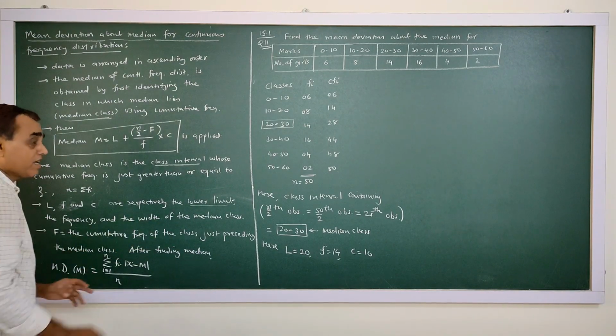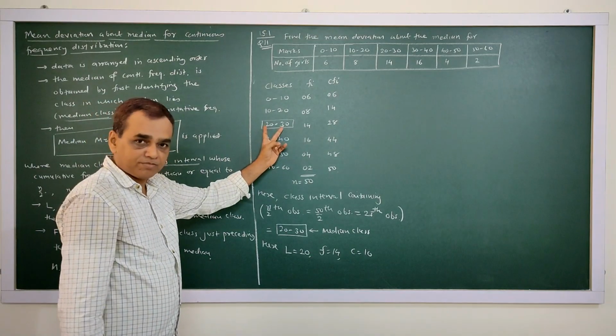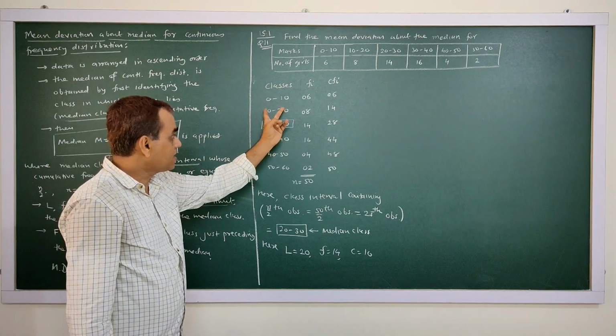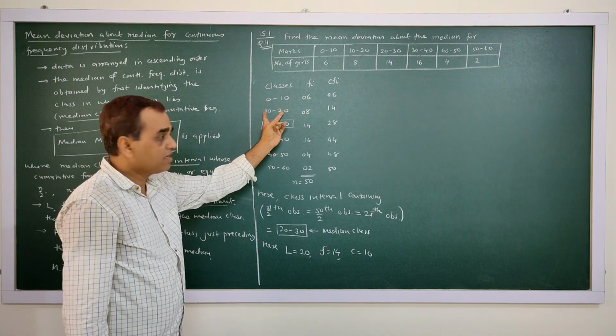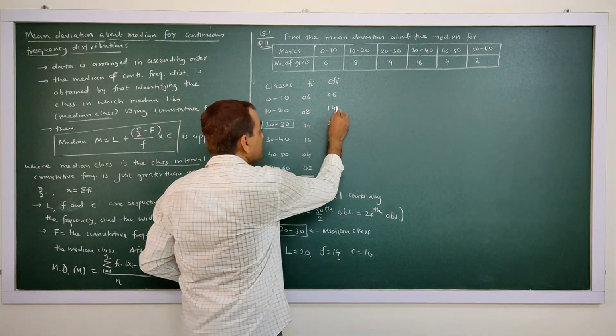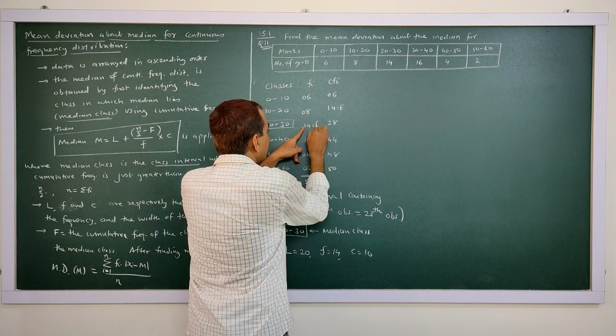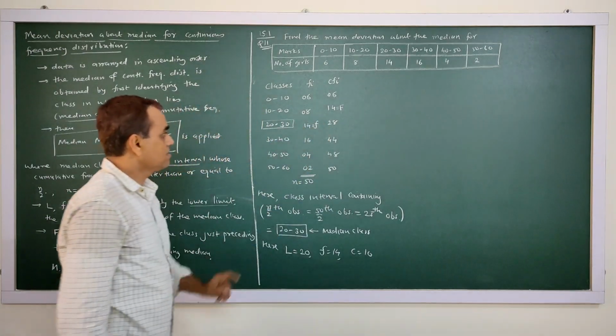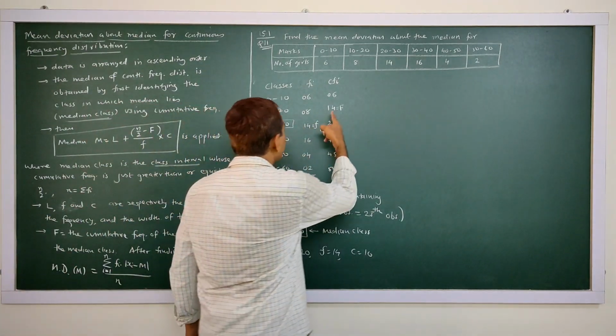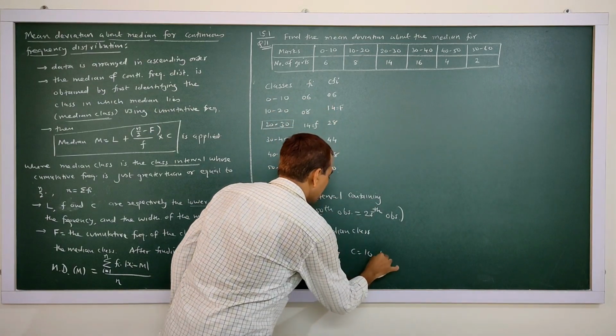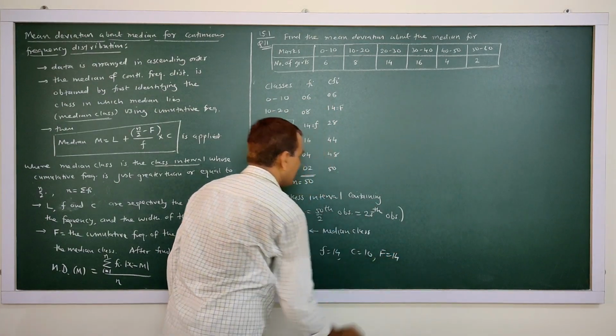This is the median class, and this is the class just preceding the median class. Its cumulative frequency will be capital F, and this will be small f. So capital F is also 40.